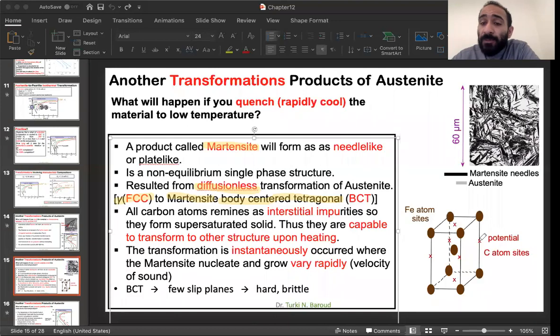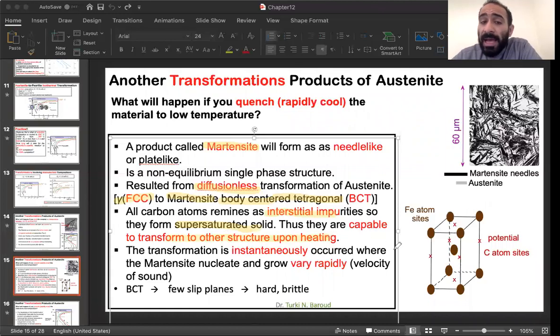The carbon cannot diffuse to form new phases. It's going to only form one phase, which is called martensite. So all carbon atoms remain as interstitial impurities, so they form a supersaturated solid. Thus they are capable of transforming to other structures upon heating.